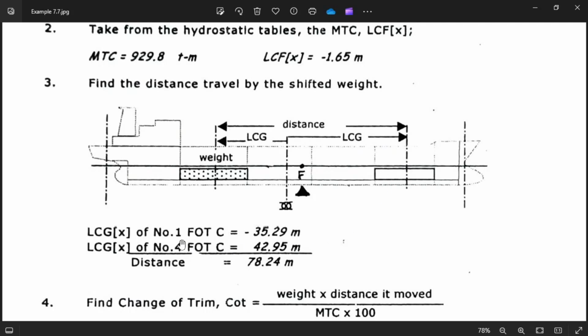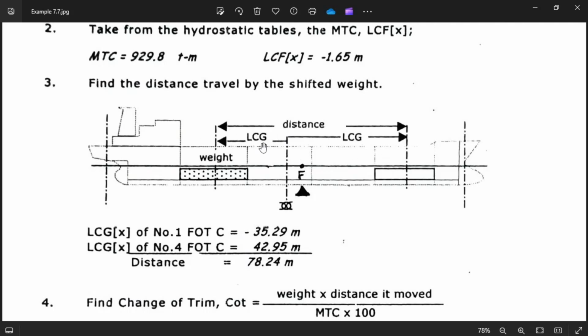And the LCG of number one FOT center is 35.29. So this LCG is 35.29. Why negative? Because negative means the forward part of the vessel. This is only a distinction, the sign that it is the forward part of the vessel.